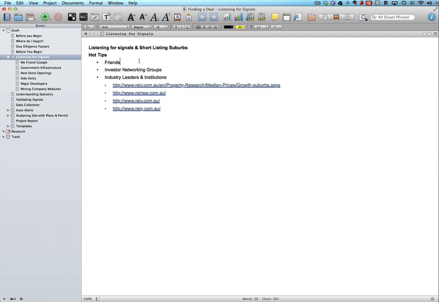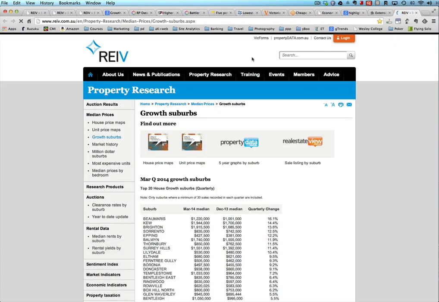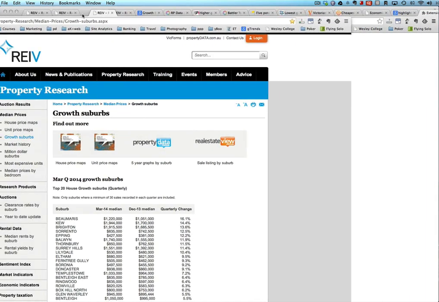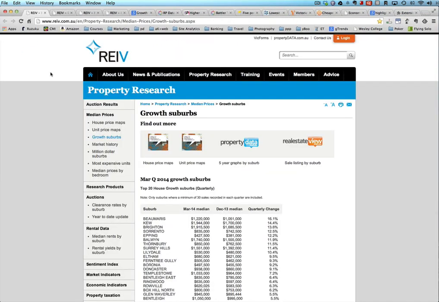We check out news websites, we check out property websites, we check out authority websites. For example, let's look at the REIV website. This is a really good website I use every now and then. There is REIV, which is for Victoria, and there's also REI New South Wales.